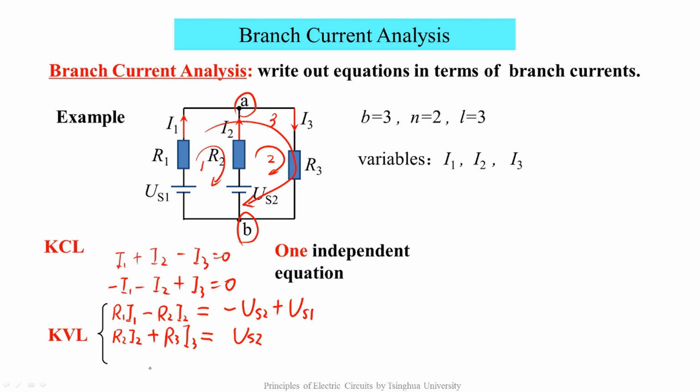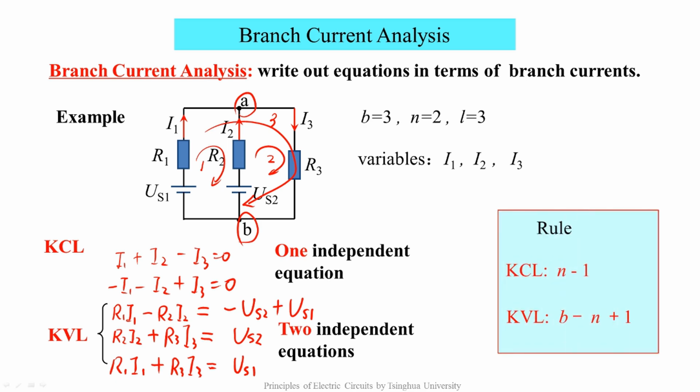We can write its KVL equation. It should be R1 times I1 plus R3 times I3 equals US1. Observe these three equations. We'll also find that there are only two independent equations. In fact, you can get equation 3 by adding equation 1 to equation 2.